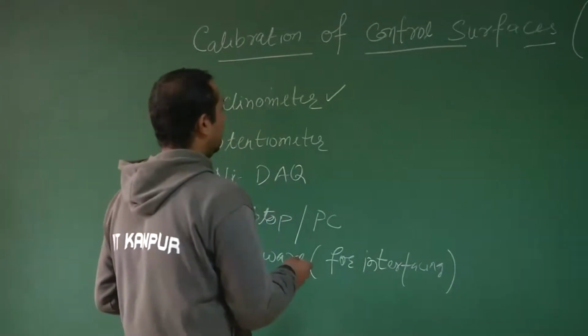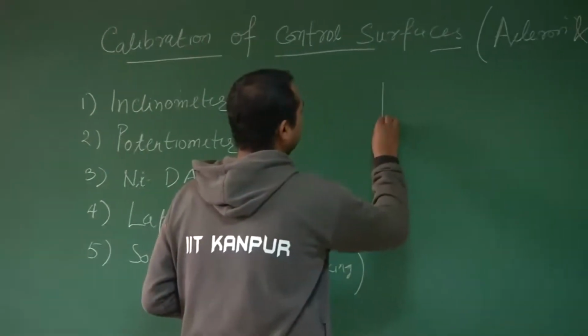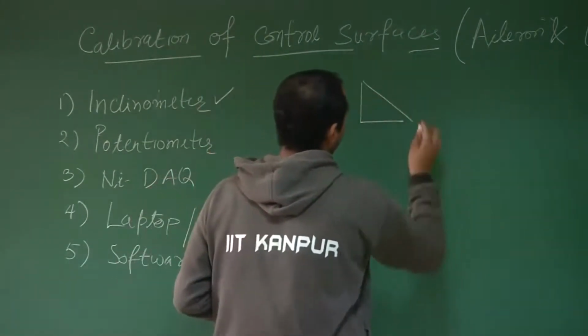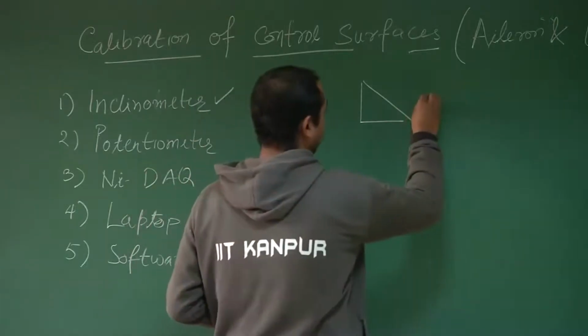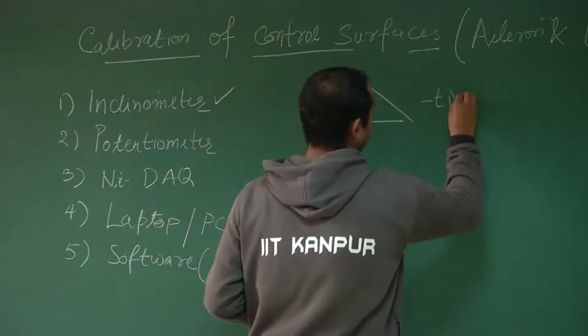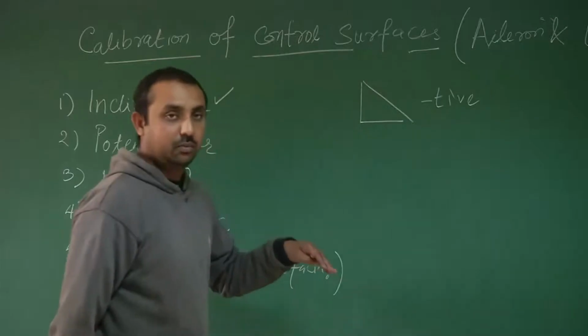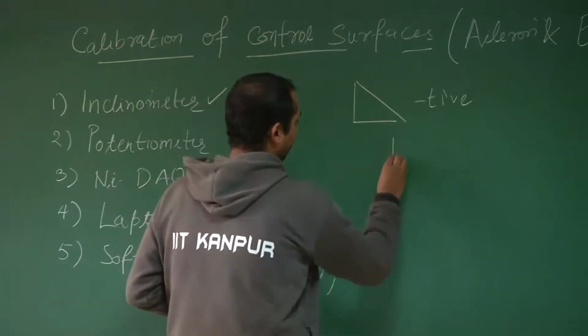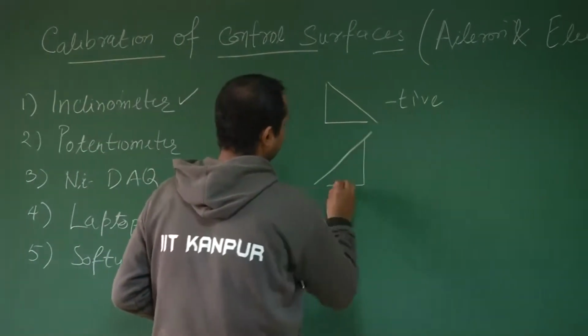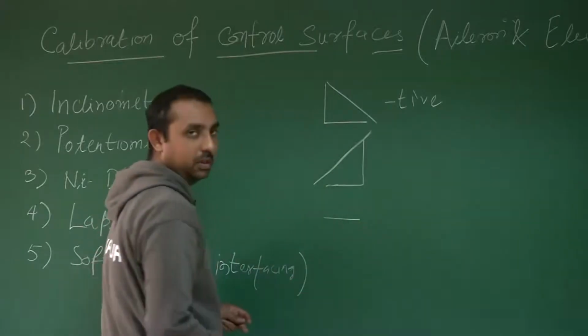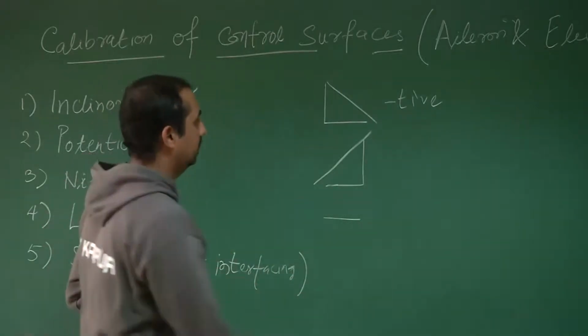So inclinometer will basically give you what will be the angle, whether it's a positive, this is negative slope, so your angle of depression, or angle of elevation, or a neutral, means it doesn't have any slope.